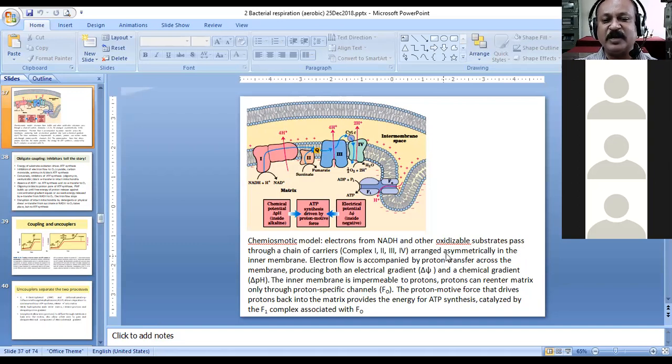What is the meaning of this word asymmetrically? Different. Yeah, so not equal. It actually means that there is no symmetry as far as the localization of these molecules is concerned, in terms of the orientation of the molecules, the position of the molecules as well as the orientation.